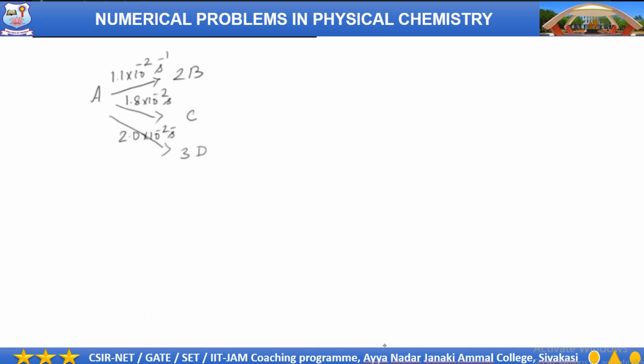Here the stoichiometry is not necessary for the calculation of T half. Understand this. The stoichiometry is necessary to calculate the concentration of B, the concentration of C, the concentration of D. Then only it would be necessary. Otherwise, use this one.